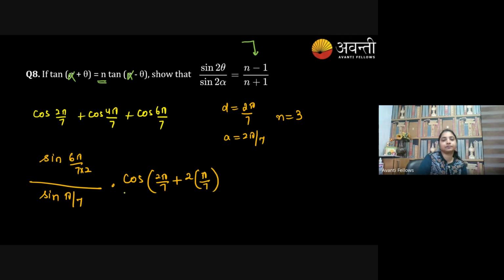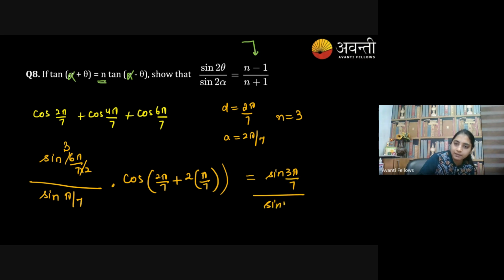Agree? Okay. So you get sin 3 pi by 7 divided by sin pi by 7 into cos of 4 pi by 7.